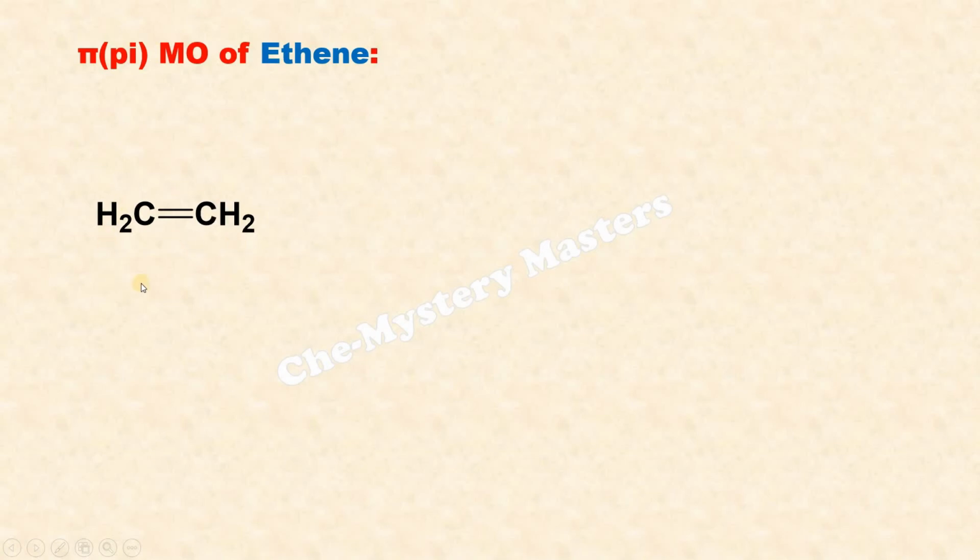This particular ethene molecule can be shown in terms of orbitals in this form. Orbitals are always shown in the form of lobes. So these are the lobes which we have shown here. They can be shown as filled and unfilled lobes, or sometimes as positive and negative, like this.